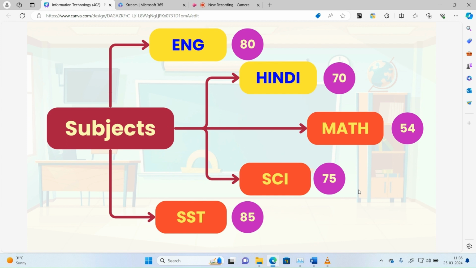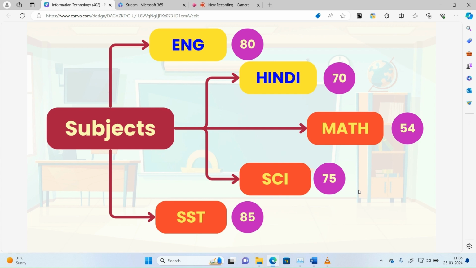But if a student passed in all the subjects, then only the five main subjects were considered for calculation of percentage. But last year, CBSE announced the concept of best five subjects. That is, if a student passes in all the six subjects, then the best five subjects will be considered for calculation of percentage. So let's see.